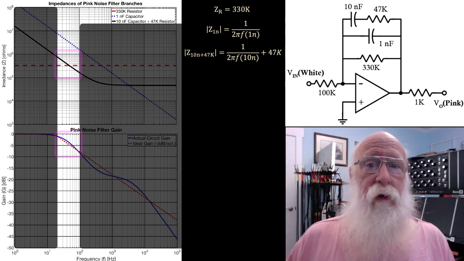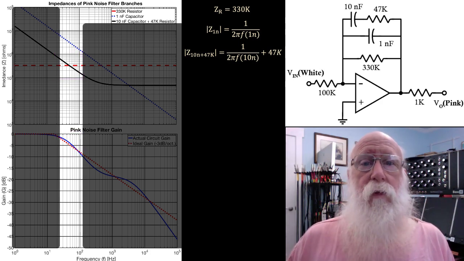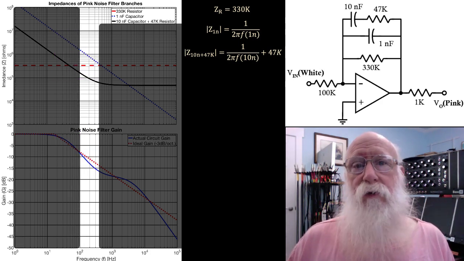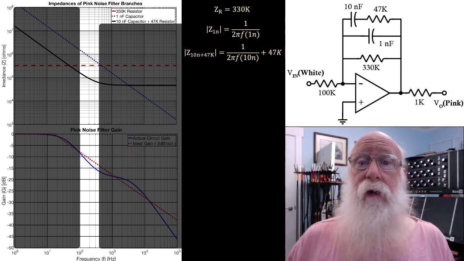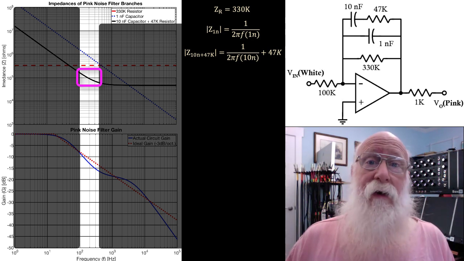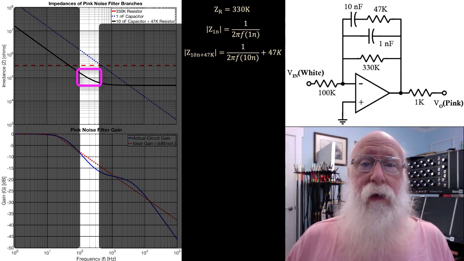For low audio frequencies between about 100 Hz and about 400 Hz, the branch with the 10 nanofarad capacitor and 47K resistor is the smallest. That dominates the overall impedance, and so your response is dropping at roughly 20 decibels per decade.